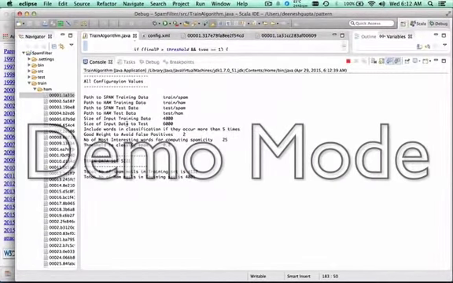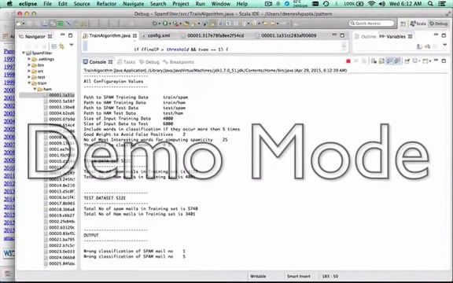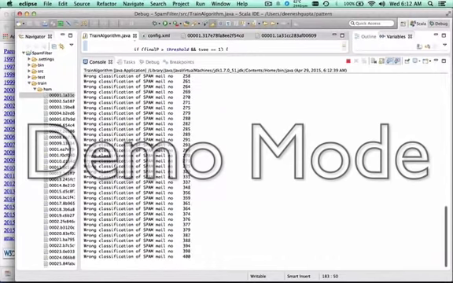It prints all the configuration values, the size of the training dataset, and all the spam emails classified incorrectly.